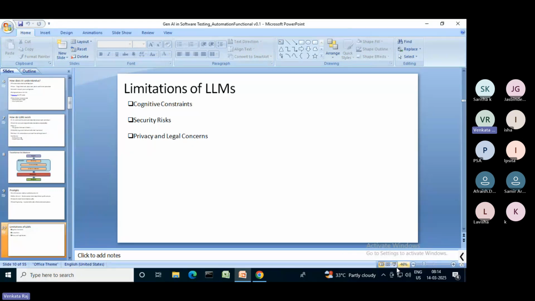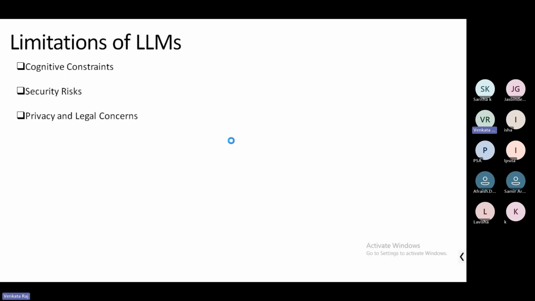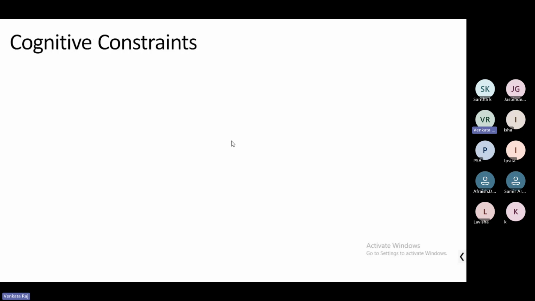So here, we understood about the limitations. Now we'll see the limitations in detail, right? Clear, everyone? So cognitive constraints are a limitation. Now, as I told you, the LLMs process the data differently from human beings.